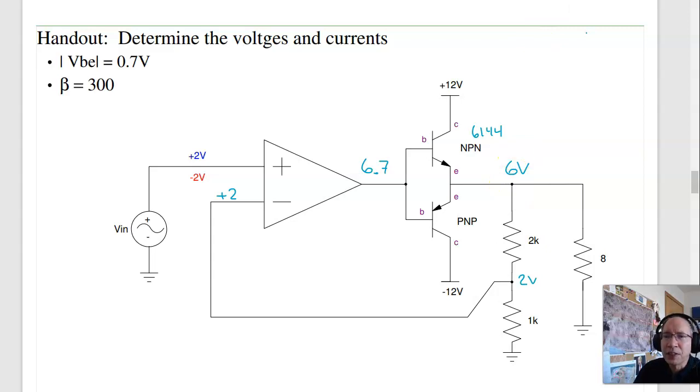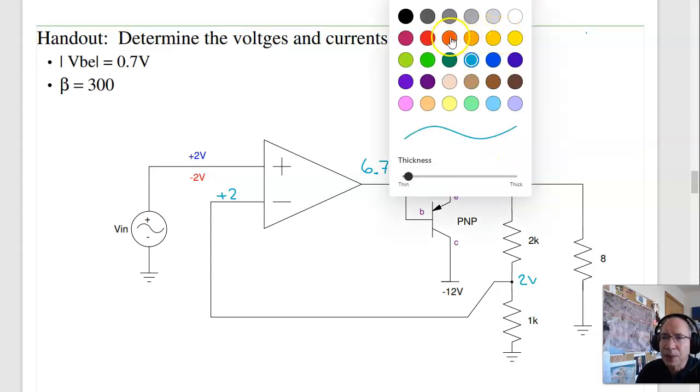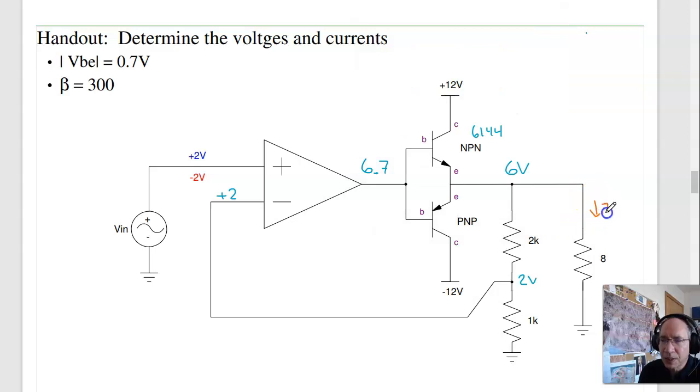To find the currents, let's do that in red. I've got 6 volts across 8 ohms is 750 milliamps. 6 volts across 3K gives you 2 milliamps. So the total current is 752. For a transistor, this one turns off.